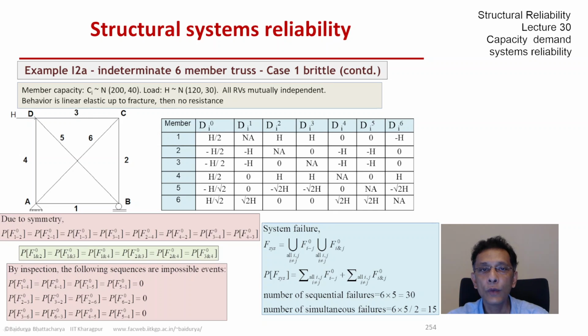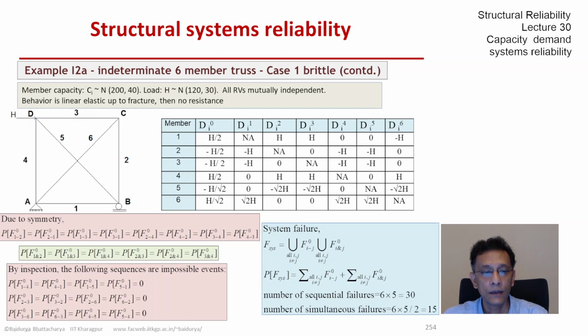So clearly the way we have defined this, these sequences all are by definition necessarily disjoint. So it's helpful because we can add the individual probabilities to get the system failure probability.